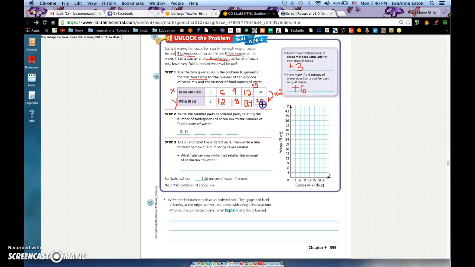Okay. So then we simply write our ordered pairs. Remember, each ordered pair has to be in parentheses. So (3, 6) is done for you. Then we write (6, 12). We write (9, 18).